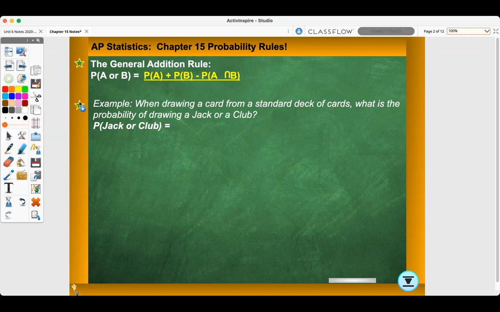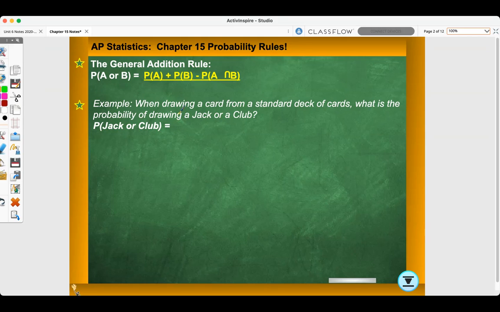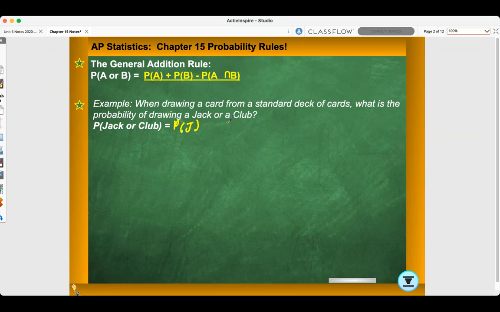Example. When drawing a card from a standard deck of cards, what is the probability of drawing a jack or a club? So the probability of drawing a jack or a club would be the probability of a jack plus the probability of a club minus the probability of a jack and a club.